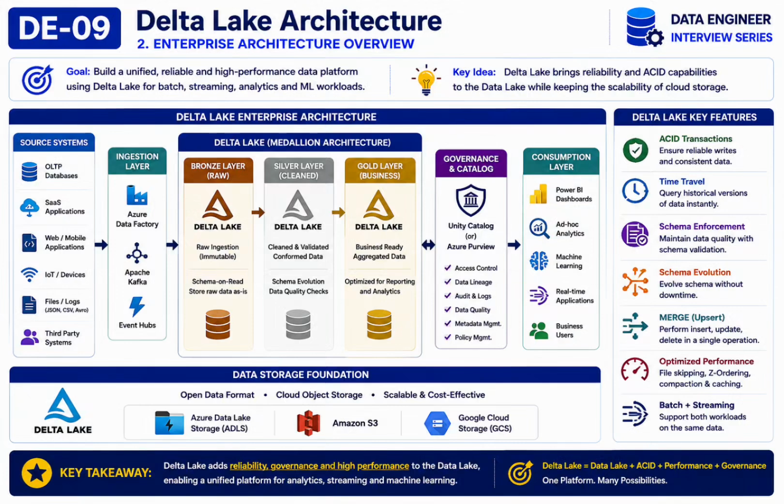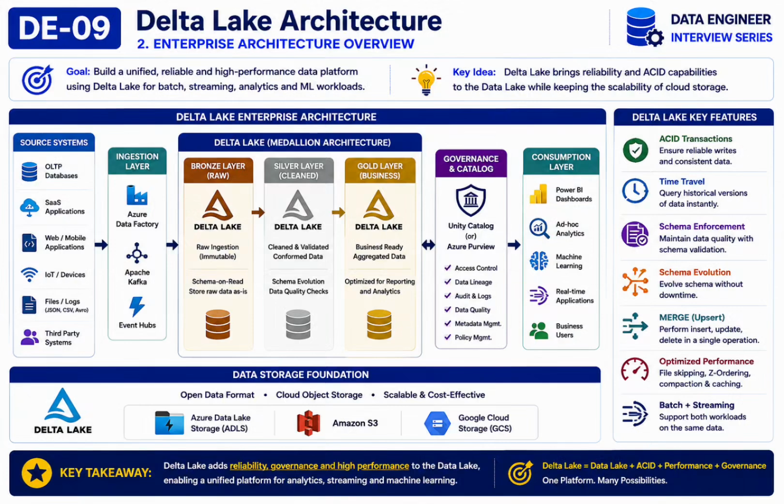Governance tools such as Unity Catalog or Microsoft Purview manage permissions, lineage, auditing, and also metadata. Power BI dashboards, AI models and business users consume trusted gold layer data. This layered architecture makes Delta Lake scalable, secure and enterprise ready.